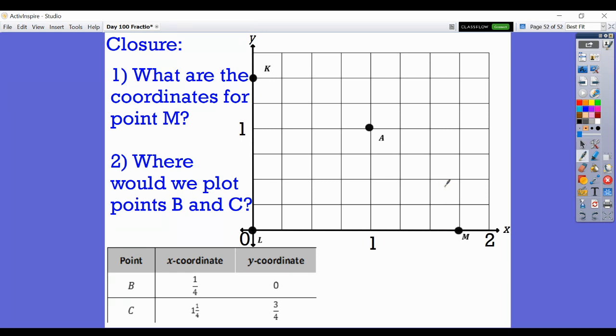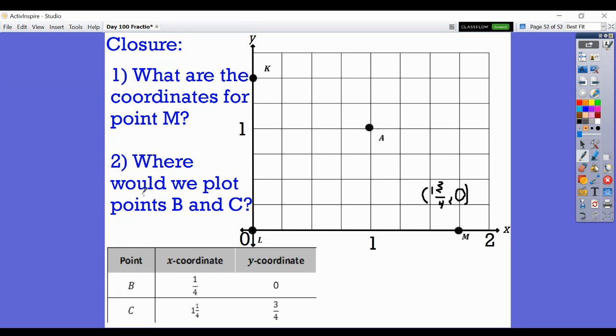For M, it would be 1 and 3/4. And for the y-axis, it would be 0 because there was no upward movement at all. 1 and 3/4, and 0.